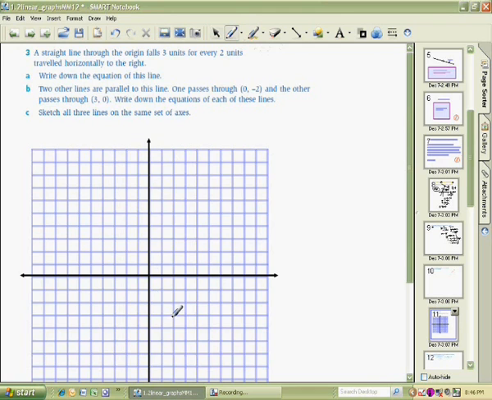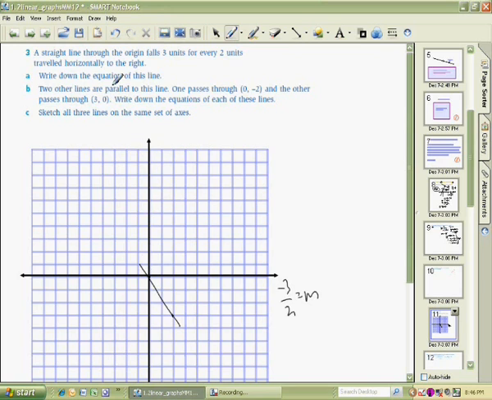So this is a line which goes through here and goes through here, and that's your line. So it's down 3 and across 2, so that's what m is equal to. And where does it go through? Where's c? It's there, so it's just equal to 0.